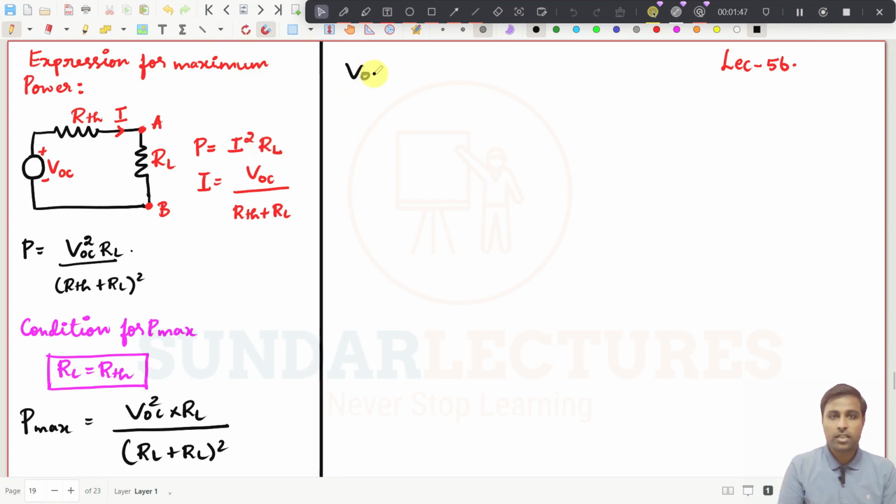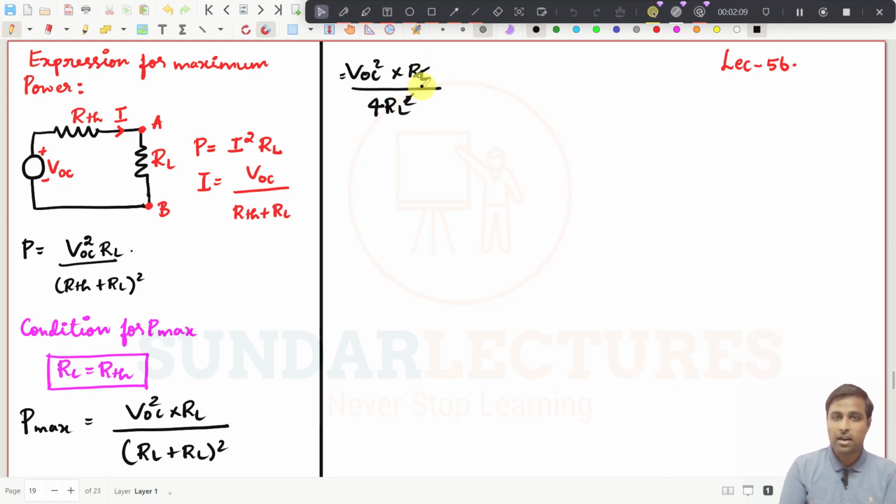VOC square into RL divided by 2 RL the whole square, and that comes out to be 4 RL square.